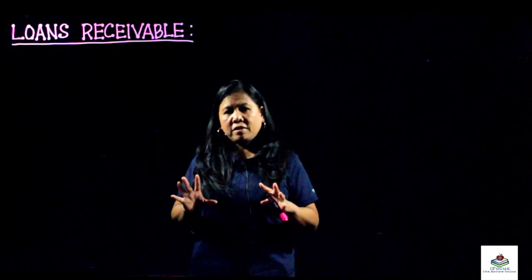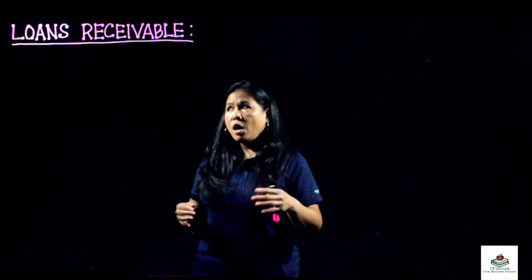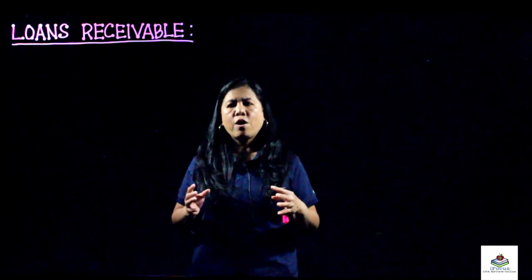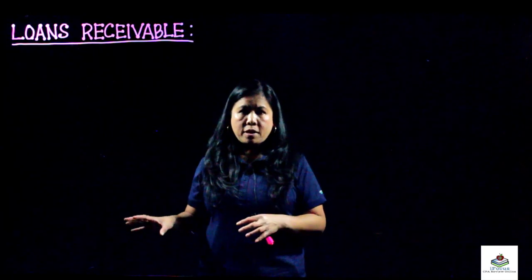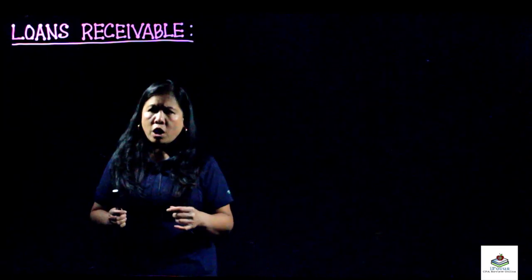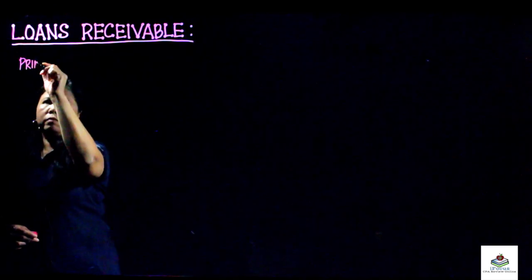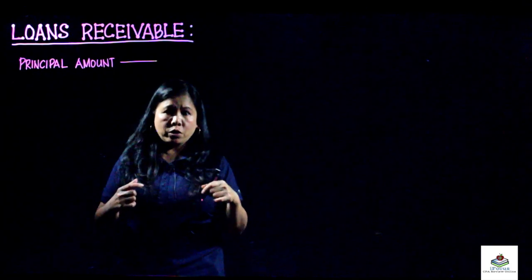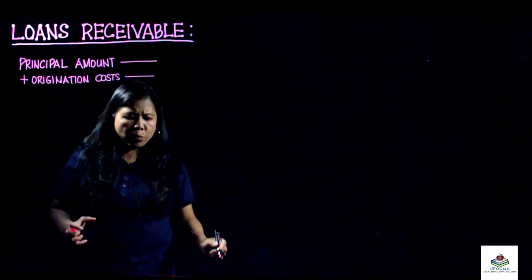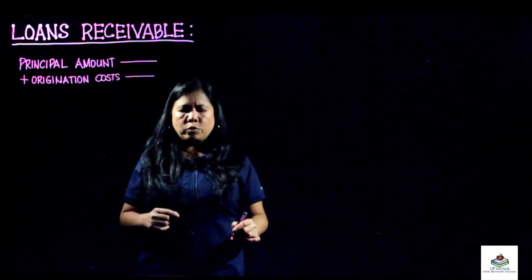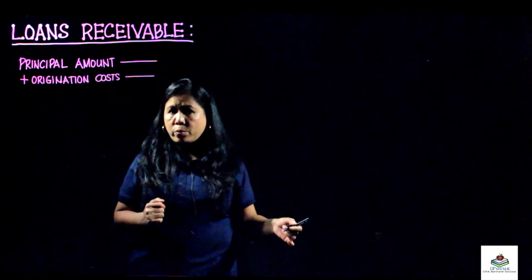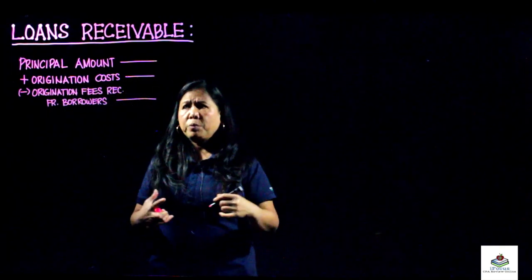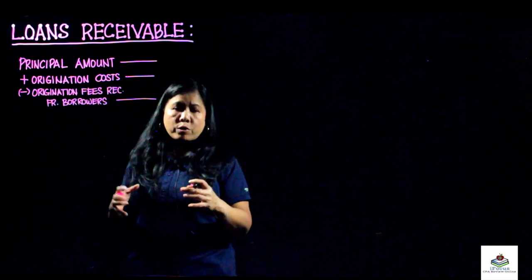Then let's get into the accounting of the loans receivable. We will start with the initial carrying amount of this loans receivable on transaction date. We start with the principal amount, then we add the origination cost, then we minus the origination fees received from the borrower. Let's put some amounts here so we can do our journal entries.